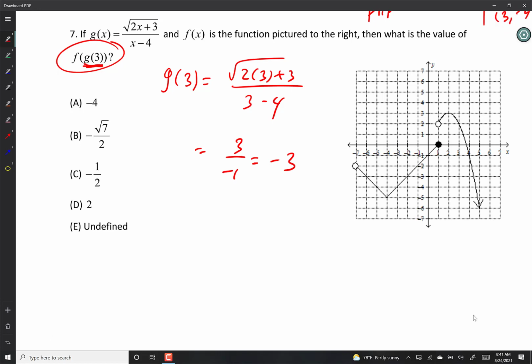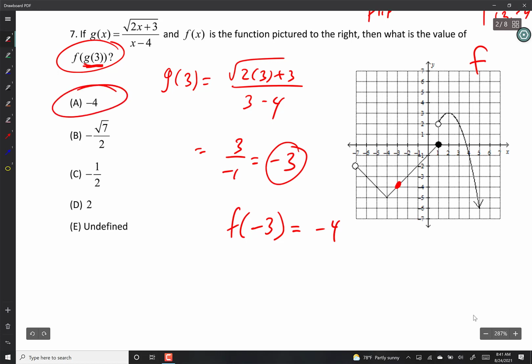Now what? Take this value, put it inside of f. This graph is f. So go to negative 3 and see what y value I have on that curve. That looks like a what? Yep, negative 4.